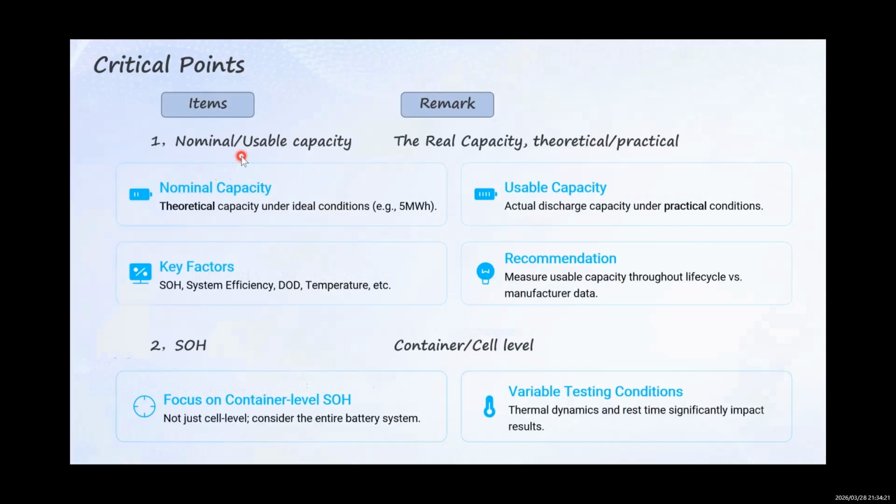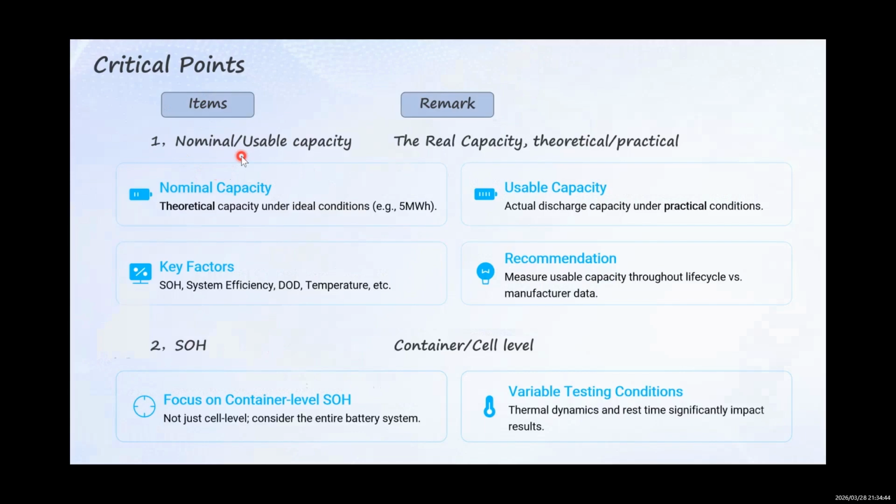What does this mean? It means in the practical conditions on site, if you measure the discharge capacity in the battery DC bus bar, normally you will get a capacity less than 5 megawatt hour.